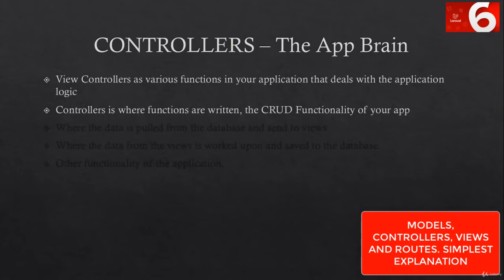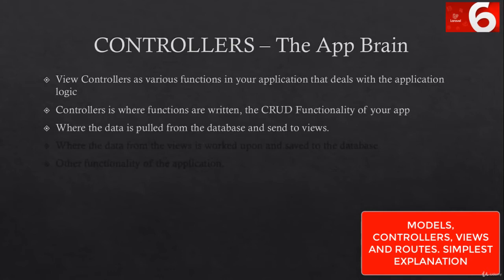So where the user enters data, we take that data to the models and the model saves it in the database. We do some computations, maybe checking logic or validating the data before saving it to the database using the models. And then pulling the data from the database.